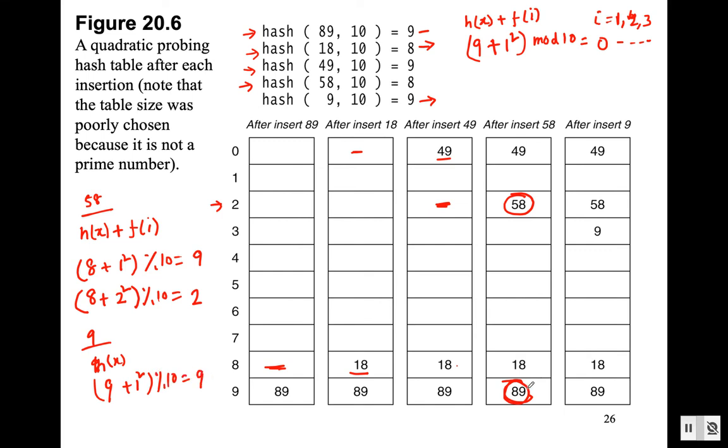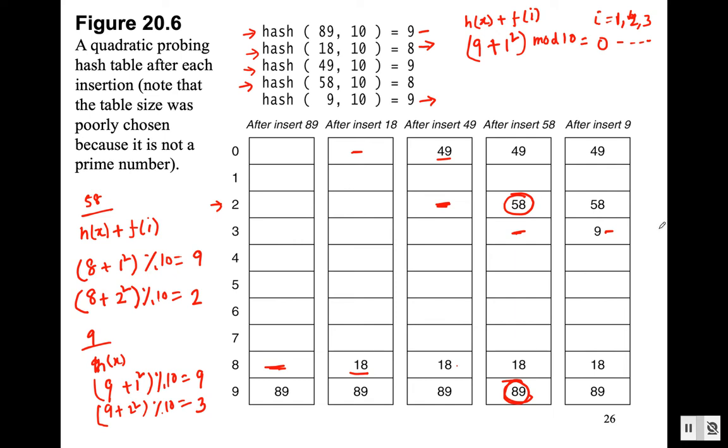Collision. Then 9 plus 2 square mod 10, which is 9 plus 4, 13 mod 10, which gives us 3. Cell 3 is empty, and we insert 9 here.